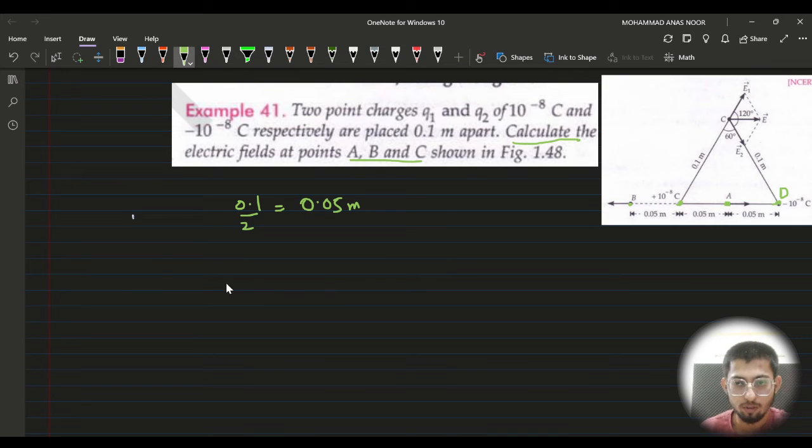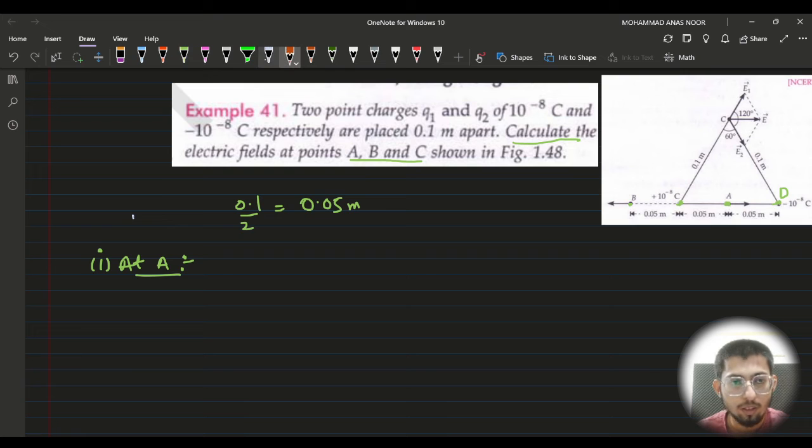So how would you do this? Forget about the C point first. Let's consider the points A and B, because they are on the line joining the two charges, right? So that we can easily do. Let us consider the first case, when we want to find the electric field at A, right? How will you find? See, the electric field at A would be due to the charge at C and due to the charge at D. And you can see that one of them is a positive charge, another of them is a negative charge.